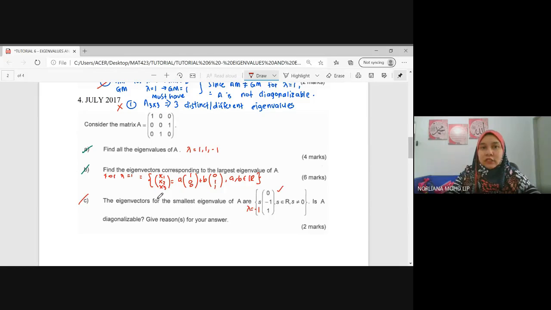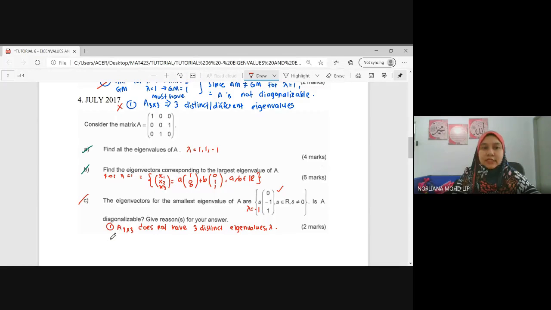Okay, just now we already know A is not, the first condition: A is 3 by 3 and does not have 3 distinct eigenvalues, because it has only 2. Here we need three distinct eigenvalues.